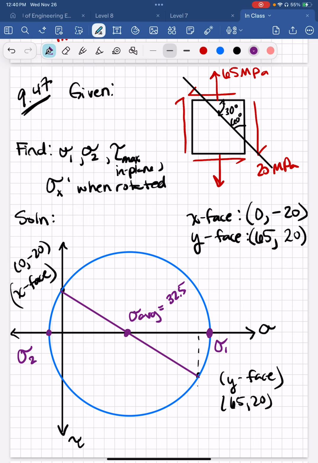We can now find that R. So R is going to be a different color. R, and we know this piece of the triangle is going to be 65 divided by 2. So that's that 32.5. And then this part here is that 20.